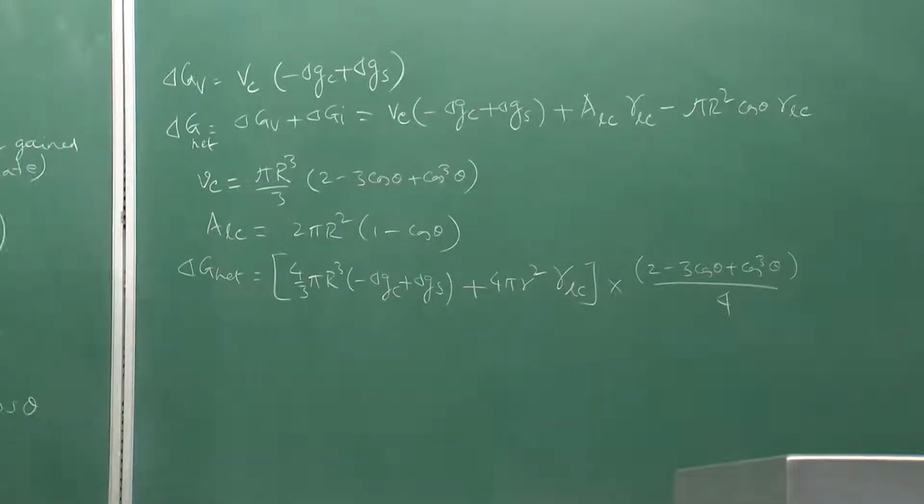It is better you do this math yourself. The final step means from delta G heterogeneous, by putting all these values, you get this equation.